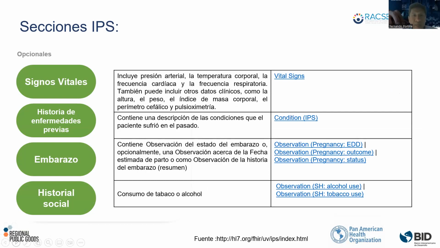Other sections, this is under options, vital signs, for example. This could be data from a personal health device, for example, this monitoring information, for example, a patient that is being monitored at home, and we can have the information on, I don't know, weight, size, temperature, heart rate, and others, vital signs.